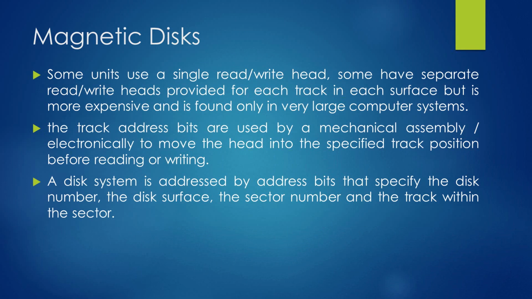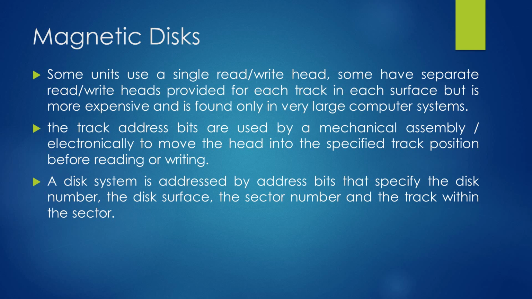Now moving to the next slide. Some units use a single read-write head, or some may have a separate read-write head provided for each track, but it is more expensive and is found only in very large computers. The track address bits are used by a mechanical assembly, electronically or mechanically, to move the head into the specified track position before reading or writing.